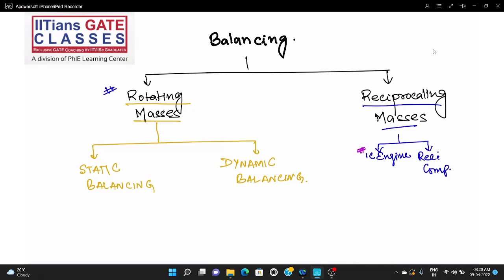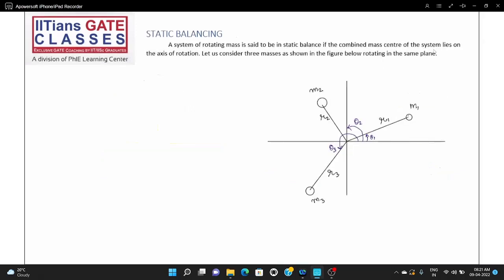In dynamic balancing, it is not just the sum of forces equal to 0, but also the sum of moments about 0. That is what we are going to see. There is not much theory involved, so we'll just understand some of the points from where questions can be asked. Then we will do a numerical each from static balancing and dynamic balancing, which will help us in understanding.